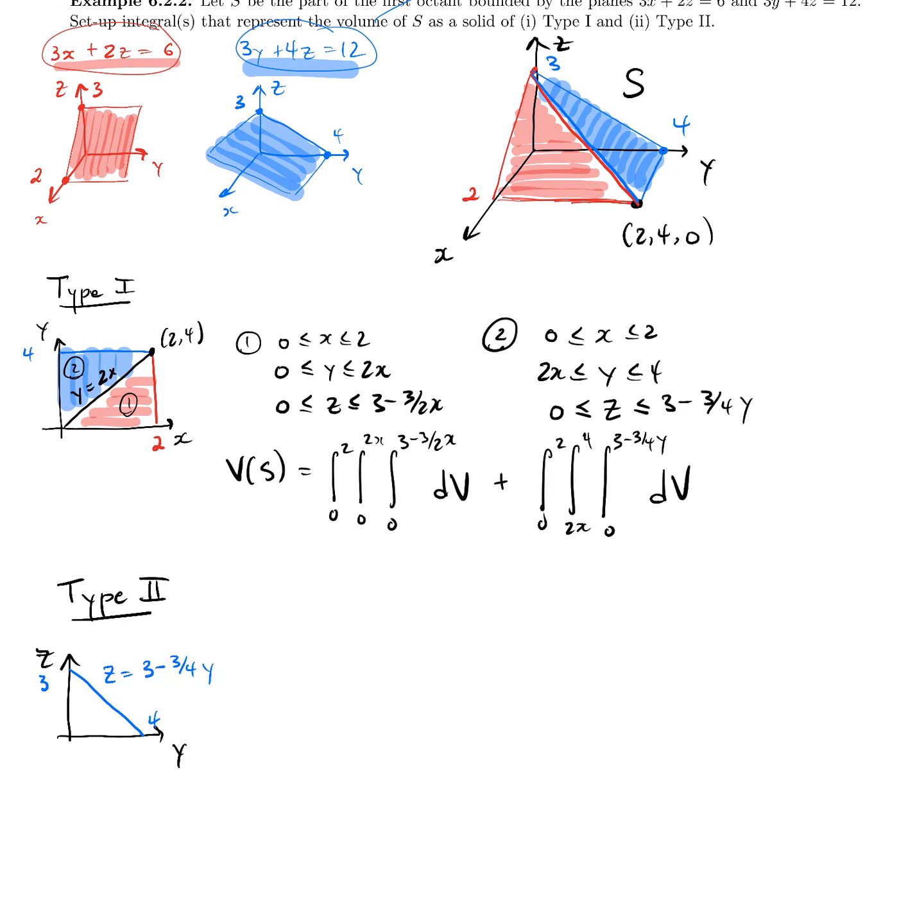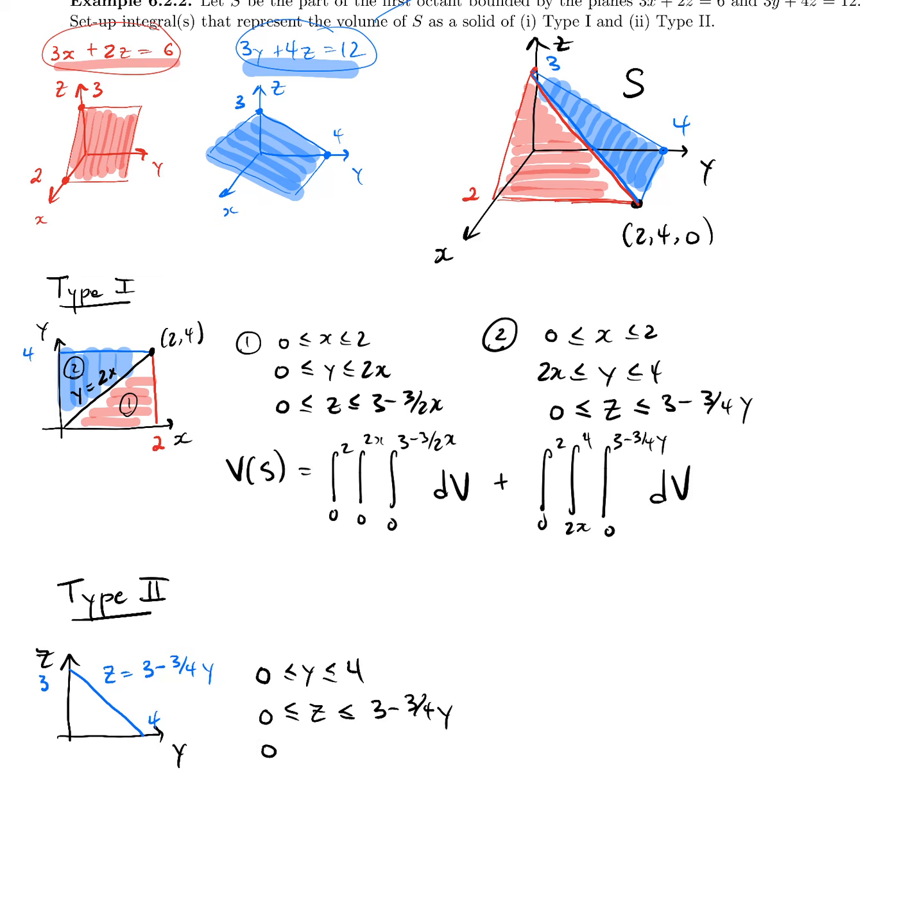And so we can set this up as y is from 0 to 4, and z goes from 0 to this function here. So 0 is less than or equal to z is less than or equal to 3 minus 3 quarters y.